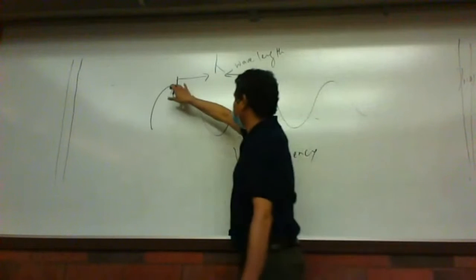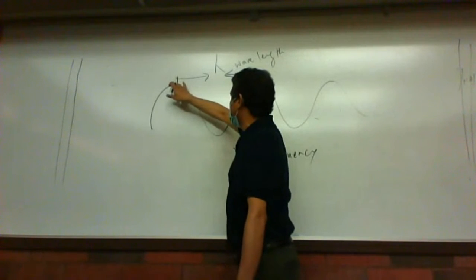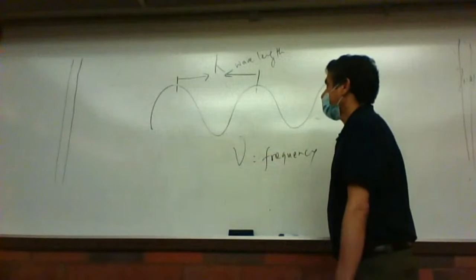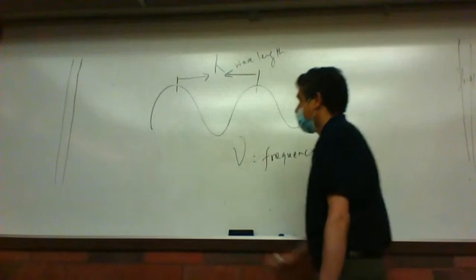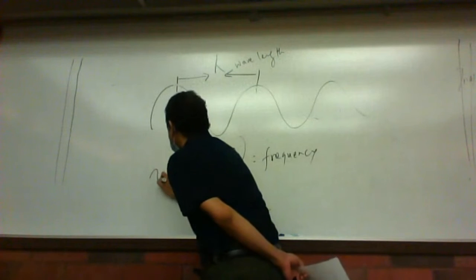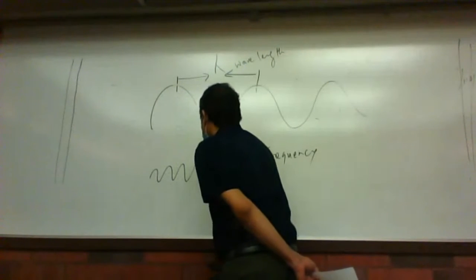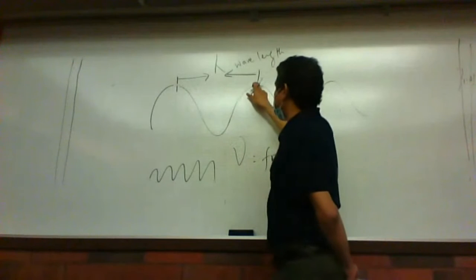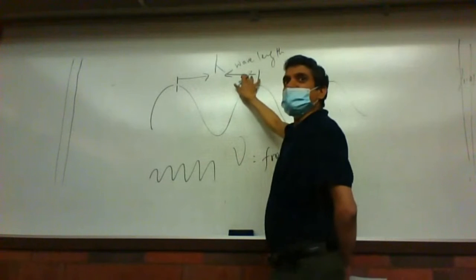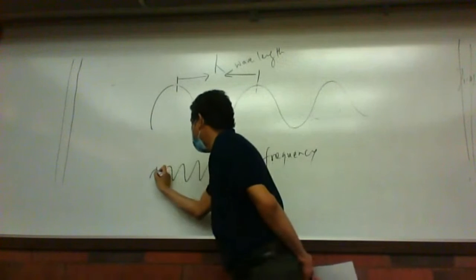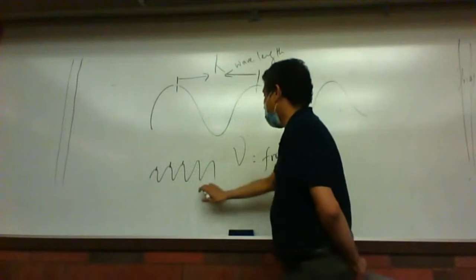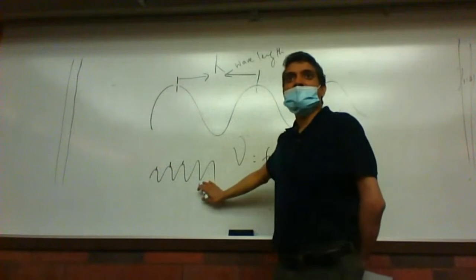If the distance from peak to peak is very large, the frequency is very low. But if the wave is like this, you see here, the distance from peak to peak is very small, so the frequency of this one is very high.